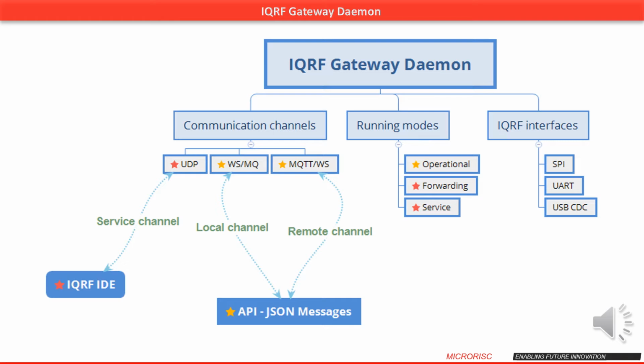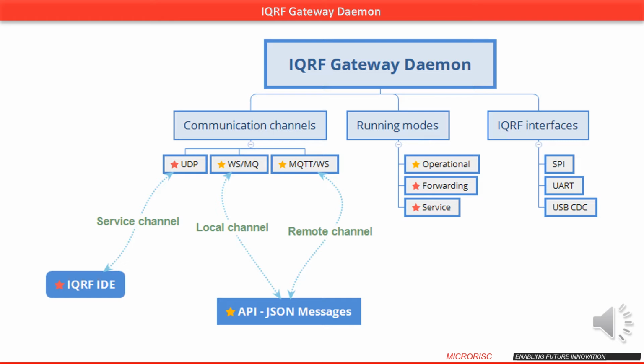Finally, the Iqrf Gateway Daemon sets the running mode of the Iqrf gateway. The default state is called operational. In this state, the gateway sends requests to the Iqrf network, receives responses, and forwards the data to the configured communication channel.